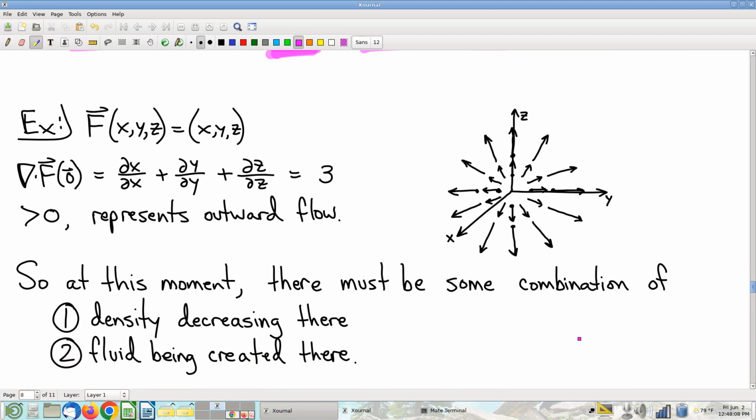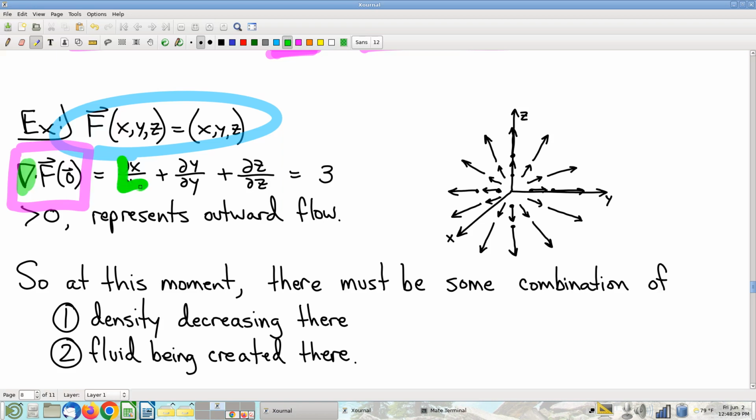Here is a vector field. There's a vector field. Let's compute the divergence at the origin. Divergence is this formula right there. So per usual, we're going to be taking the x partial, y partial, z partial of the corresponding coordinates of the vector field, which are x, y, z.